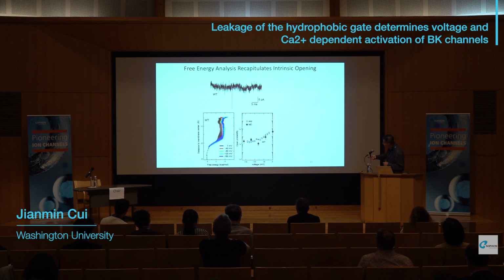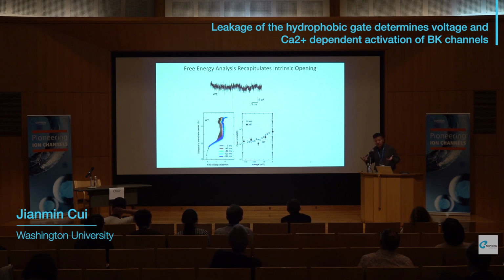This is the experimental data that we measured, the open probability, and this is the open probability we just calculated from MD simulation. They quite nicely overlap with each other.